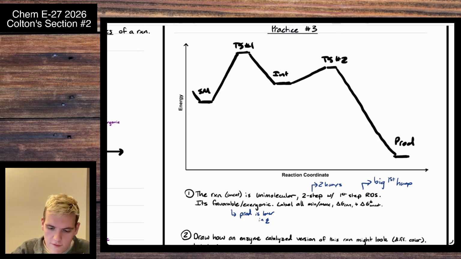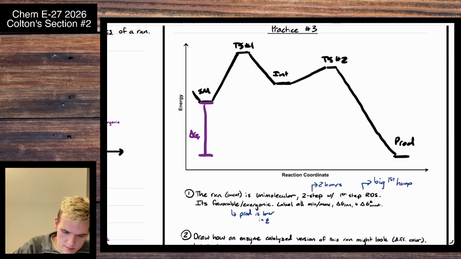So let's start off by labeling our delta G reaction. So that's the energy from our starting materials to our products. This is our delta G reaction. I'll make that a little bit smaller. And we see that we go down in energy, so it's exergonic. We're all good there. Now, let's label our delta G double daggers. So, for the first step, we have this.